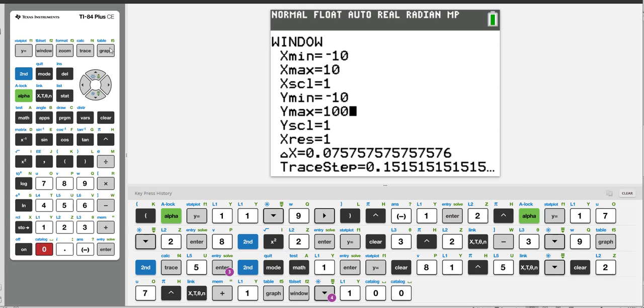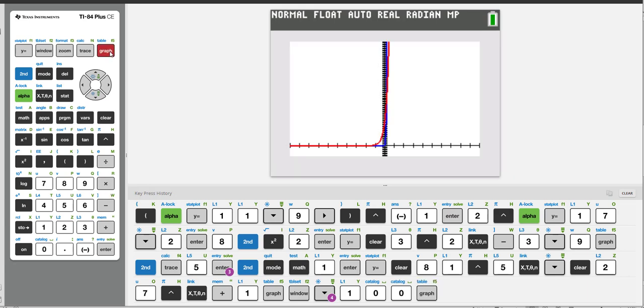Press graph. Now you can see the intersection point on the screen. Finding a good window for your problem can be, in some cases, a lot of trial and error. There is no one window that works for all problems. And sometimes you need to just keep looking to find a good window.